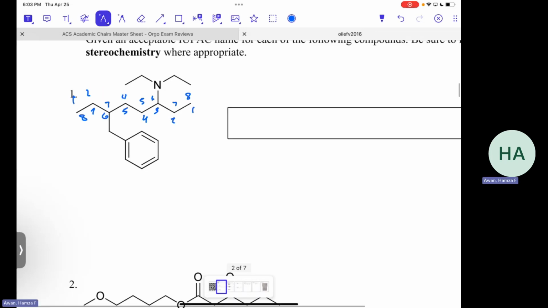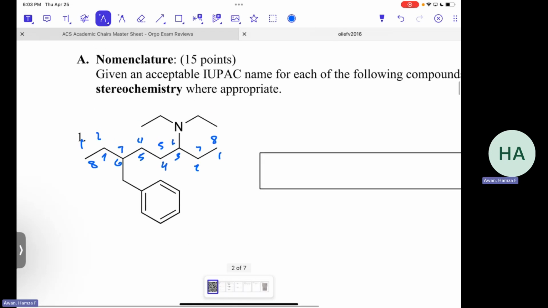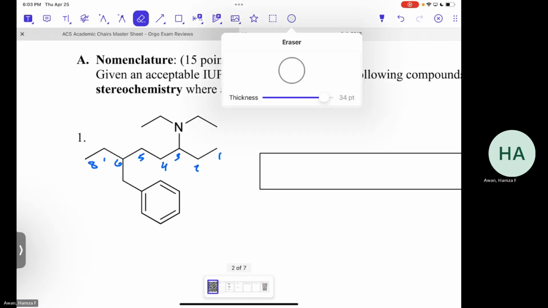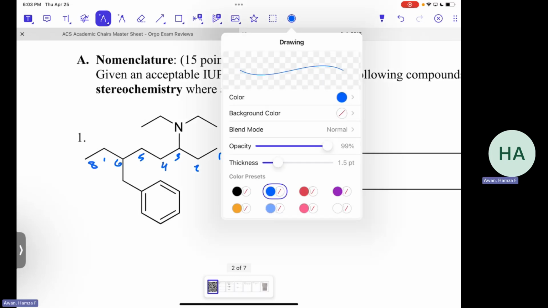so to start, if we look at where the substituents are for the first way that I wrote. Actually, I should have chosen different colors. Let me change the color real quick.